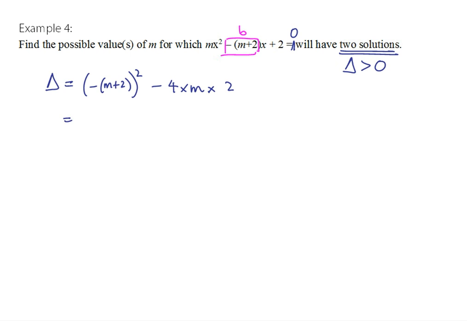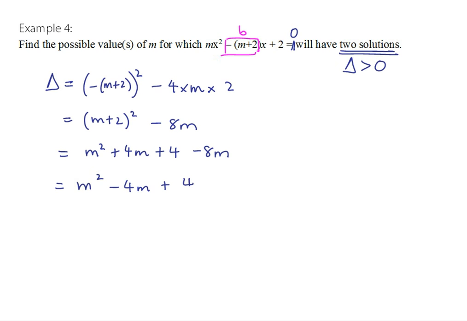Now obviously because you're squaring it, the negative doesn't matter, but it's important to be clear about what b is. So we've just got (m plus 2) all squared minus 8m. Expanding the perfect square, m squared plus 4m plus 4, so we've got m squared minus 4m plus 4.